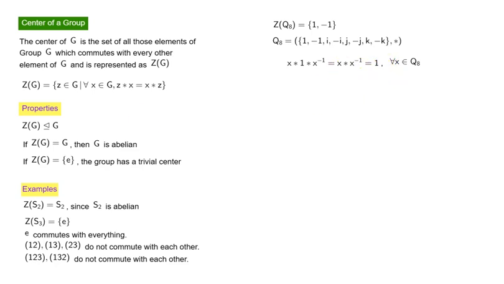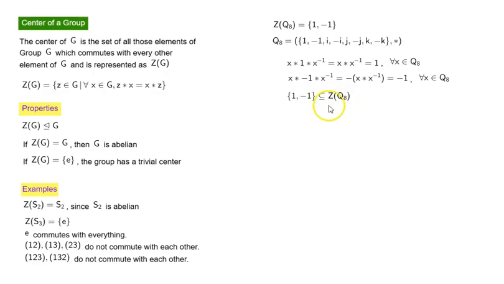So that means this commutes. Similarly, x times -1 times x inverse is equal to -x times x inverse, which is equal to -1 for all x in Q8. So again, -1 also commutes with all other elements. So we can say that {1, -1} is a subset of Z(Q8).